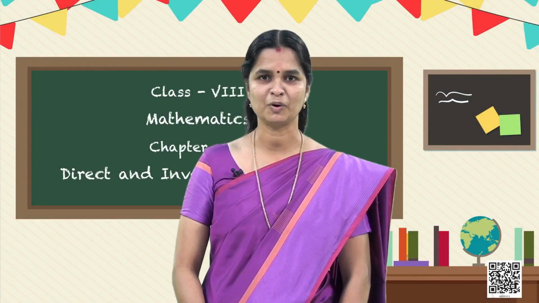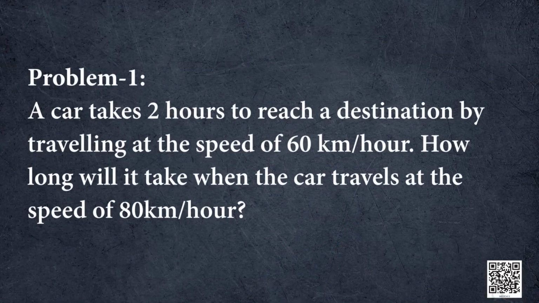Here are some problems for you to try on your own. First one, a car takes 2 hours to reach a destination by travelling at the speed of 60 km per hour. How long will it take when the car travels at the speed of 80 km per hour?